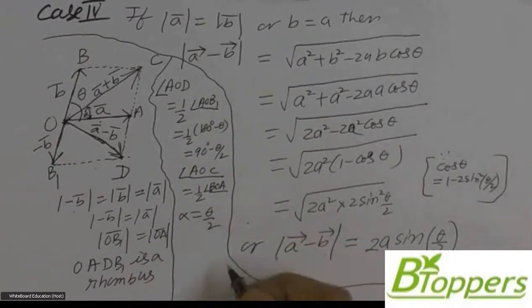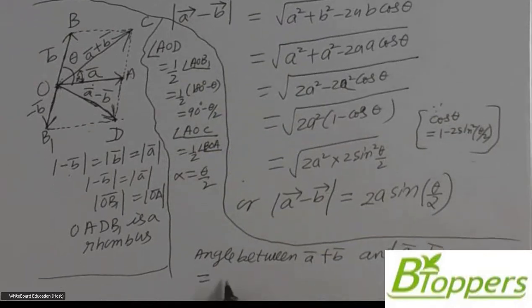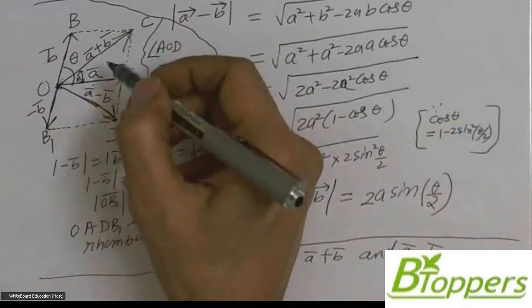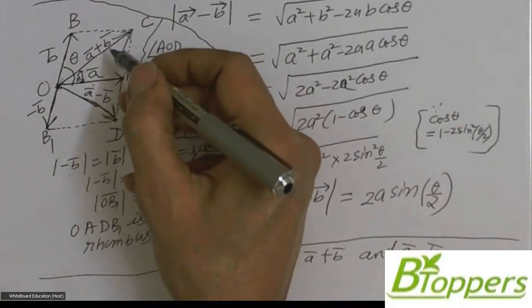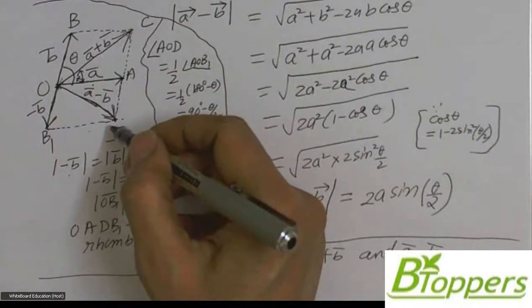So the angle between A bar plus B bar and A bar minus B bar, you can observe from the figure: the direct line segment OC bar represents the vector sum A bar plus B bar, and the direct line segment OD bar represents the vector difference A bar minus B bar.